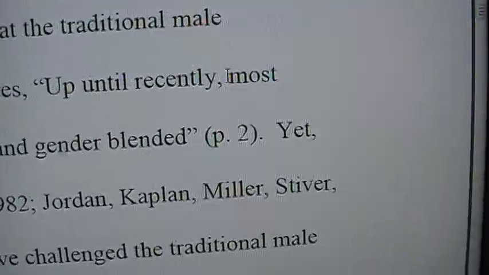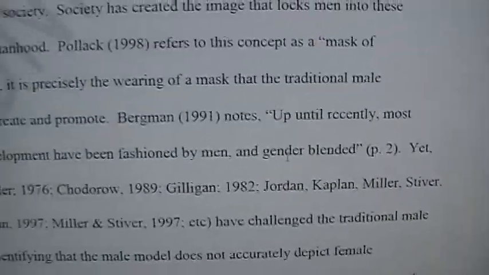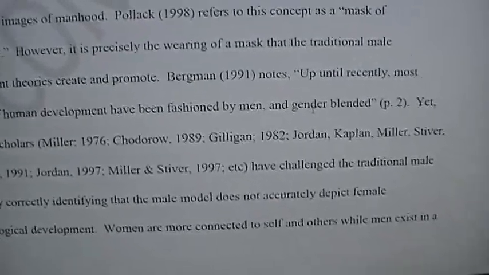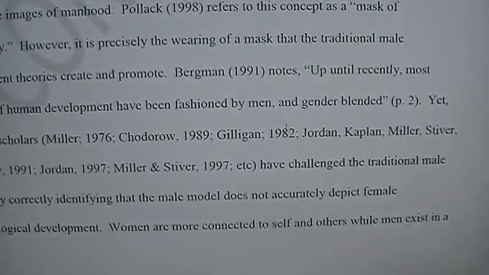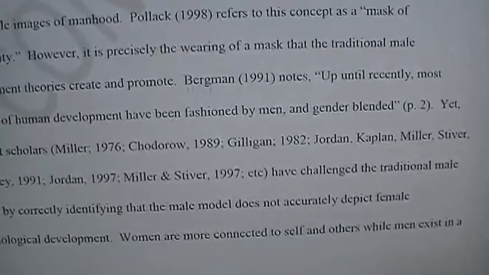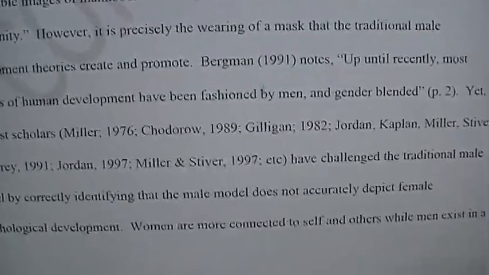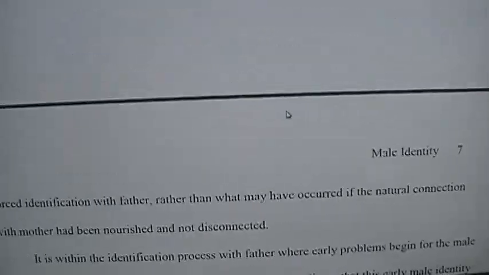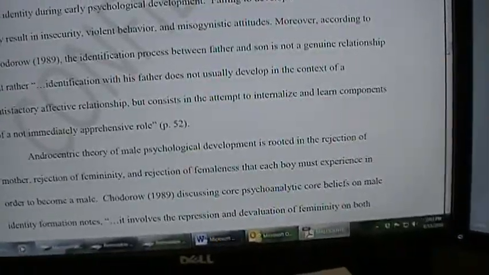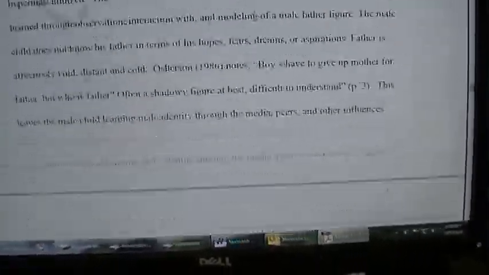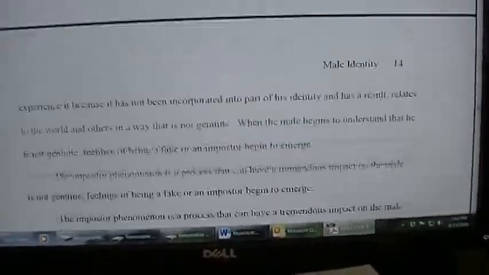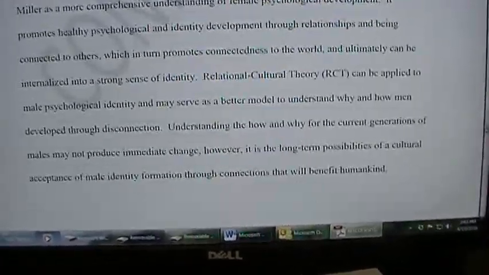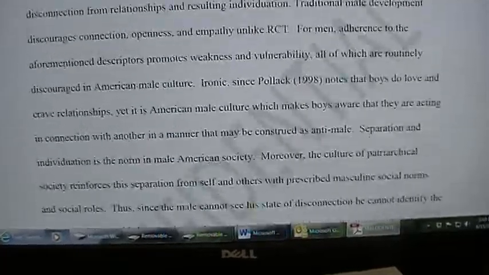Putting quotes in here. You want to make sure that anything that you cite from a journal or from a text is given the appropriate credit to the person who said it or wrote it, right? And you'll find that I keep on going, and I keep on going, and I keep on going. Some of you will get to page 21 and be like, oh my lord, that was more about male identity than I ever wanted to know.